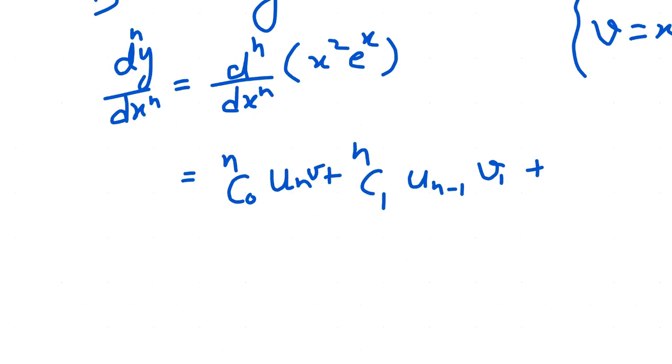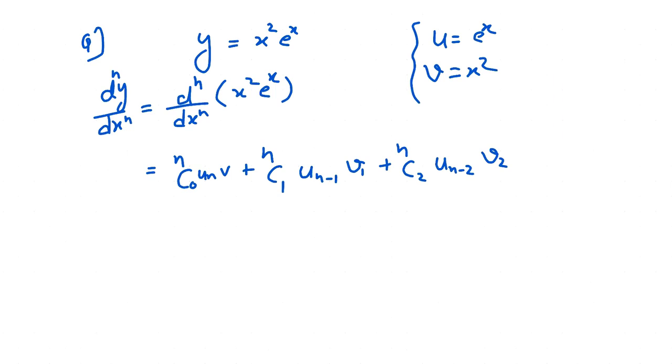Let me write a little bit more clearly. v, and nC2 u_(n minus 2) into the second order derivative of v. So let us find these terms.